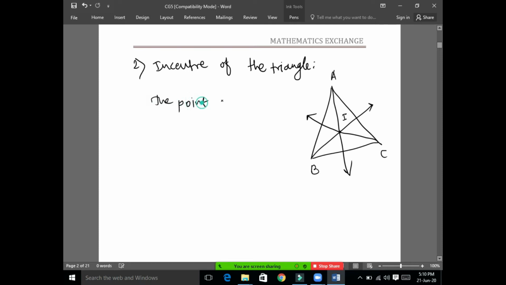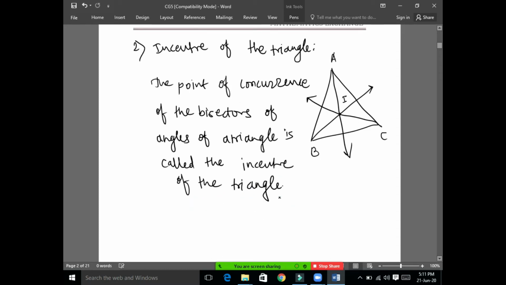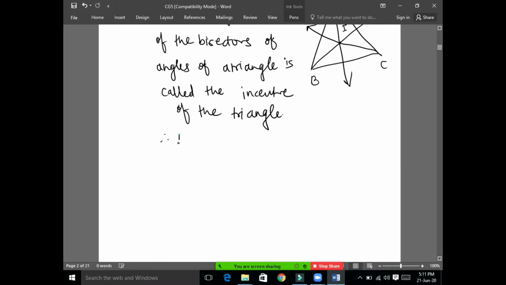So the definition is: the point of intersection or the point of concurrence of the bisectors of angles of a triangle is called the incenter of the triangle.